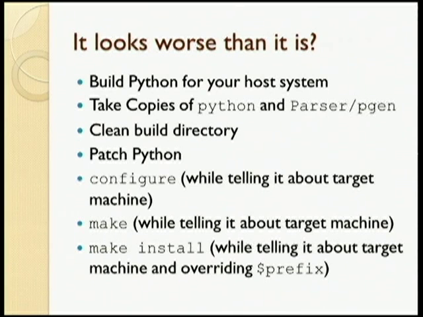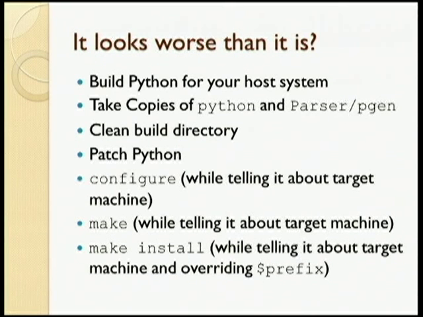Then you need to clean your build directory so you're starting from scratch, and then Python needs a patch to tell the build system a little bit about cross-compiling. Then you run configure again while telling it about your target machine. And then you run make while telling it about your target machine.